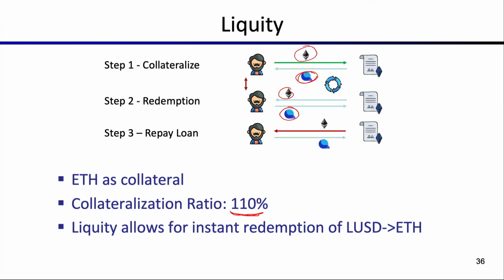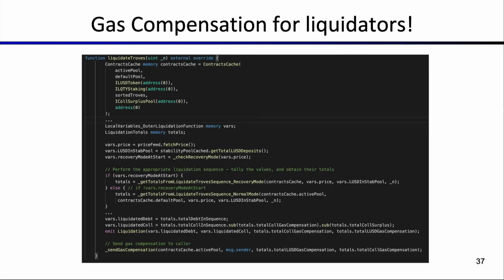One more point on Liquity that I wanted to mention. If you go into the Liquity smart contract, what you will see, and what's rather interesting, is that there's a certain type of compensation that's being paid to liquidators, in particular to compensate for the gas that liquidators pay.